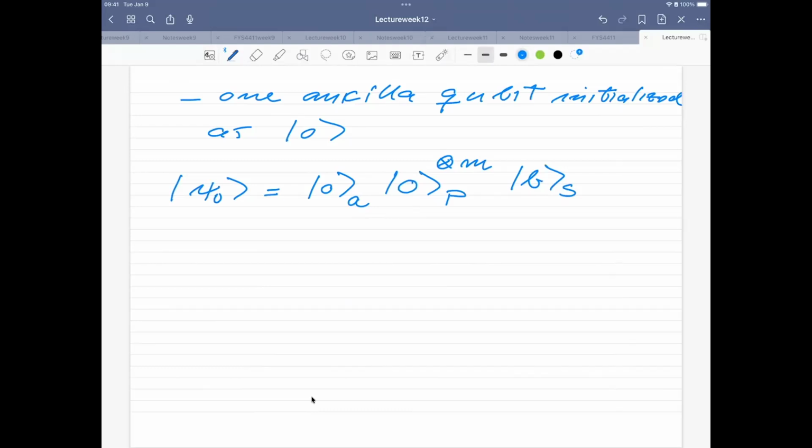So these are the 3 different registers which we have. So in every case here, there are tensor products, okay? But I will suppress this tensor product notation. So this is the way we initialize the system.